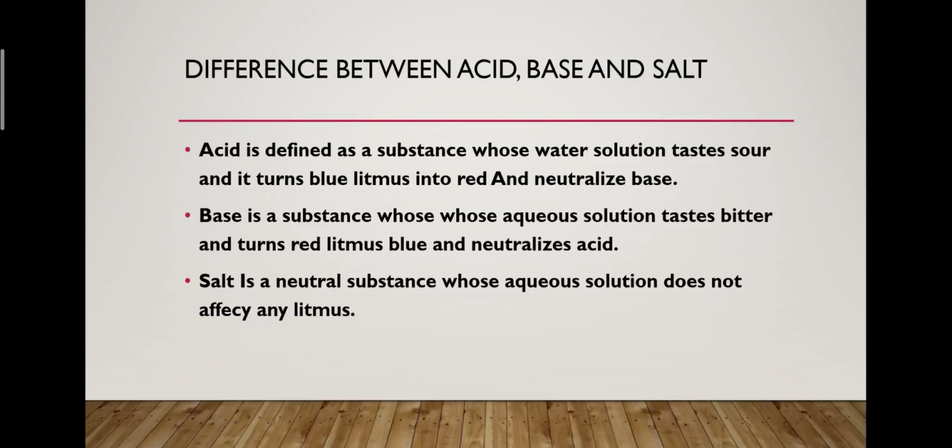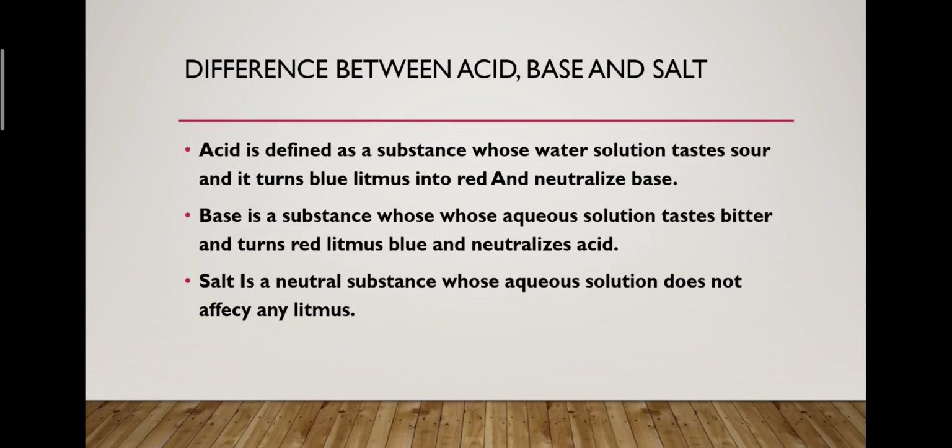We can define an acid as a substance whose water solution tastes sour, turns blue litmus red and neutralizes a base. A base is a substance whose aqueous solution, simply water solution, tastes bitter, turns red litmus blue and neutralizes an acid. The common property of acid and base is that an acid always neutralizes a base and a base neutralizes an acid.